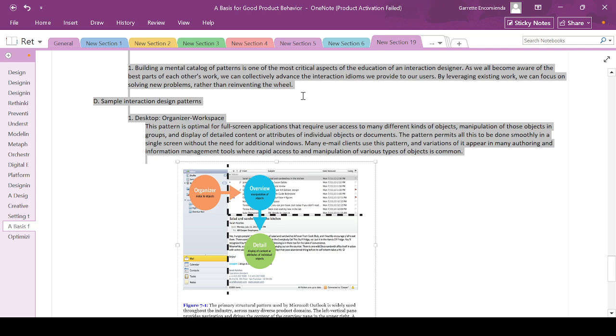So this is one of the things I want to emphasize as well, that these patterns are actually just, I mean, no one really creates anything from scratch anymore. We're just building from other works so that we can focus on solving new problems.